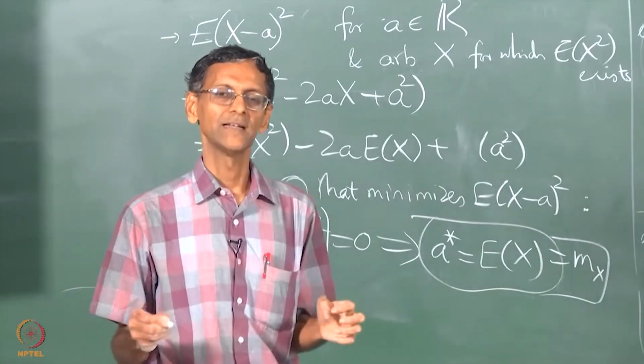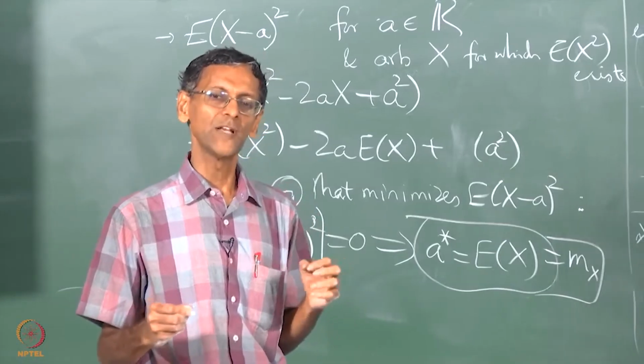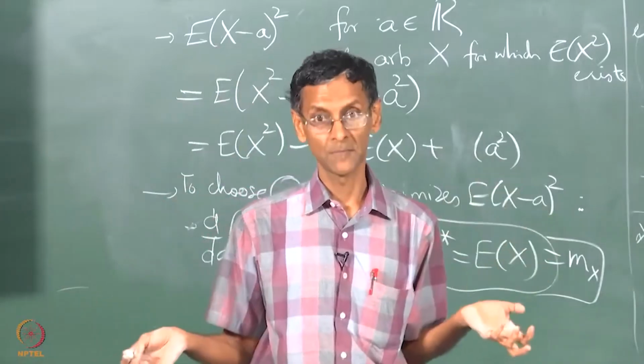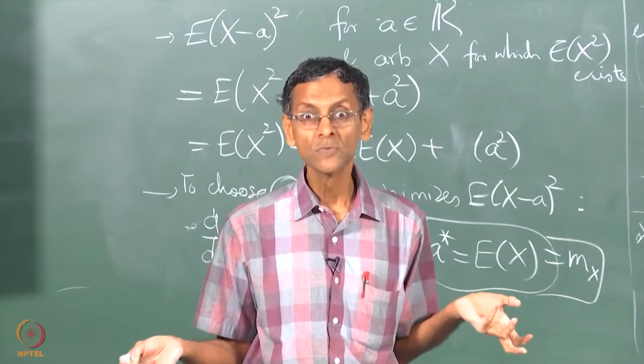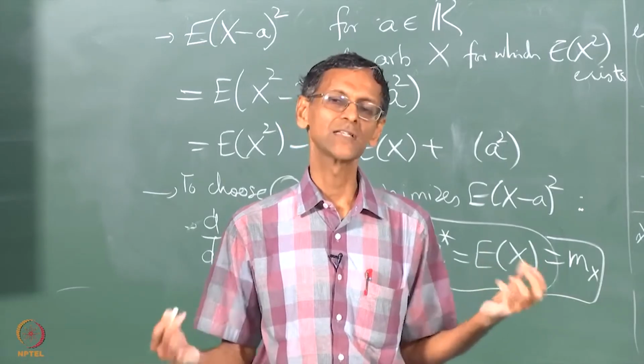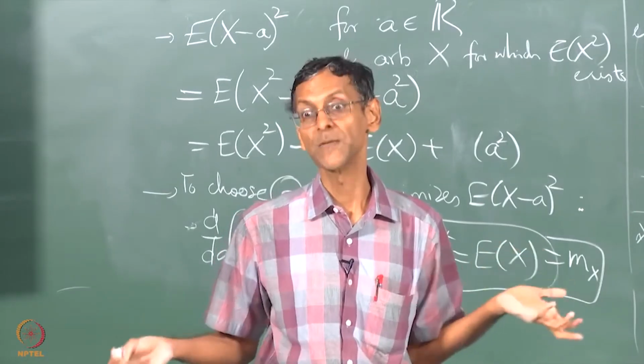It is that value from which the average distance to all other values taken by X is the minimum, weighted by the probability, of course. So, this significance of the mean itself is missed.